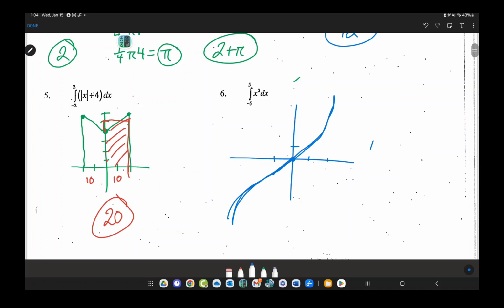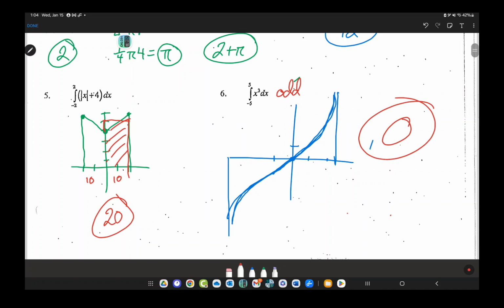I want this area and this area. What do I know about these two areas? They're equal. This is an odd function. And what do I get if I go from -a to a on an odd function? 0. It cancels out, because it's negative area and positive area. Yeah, we can stop here.